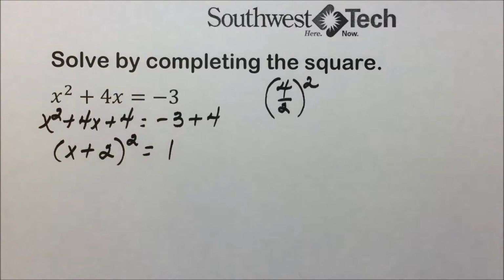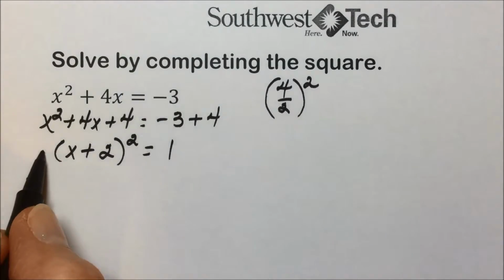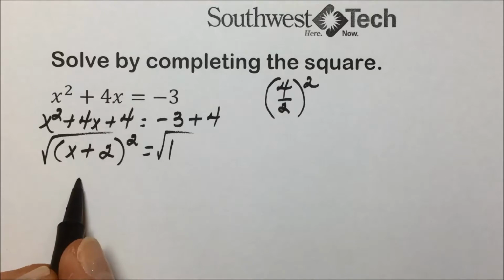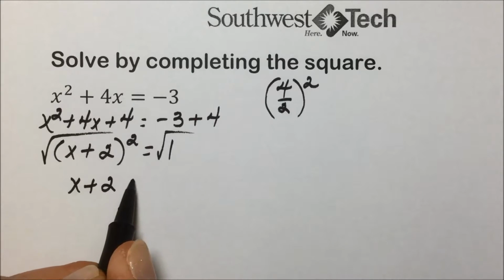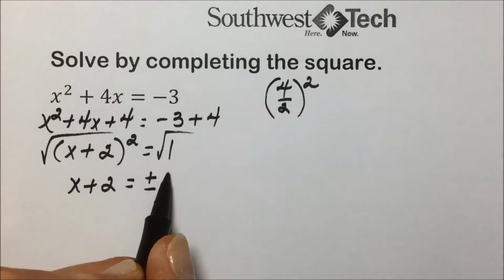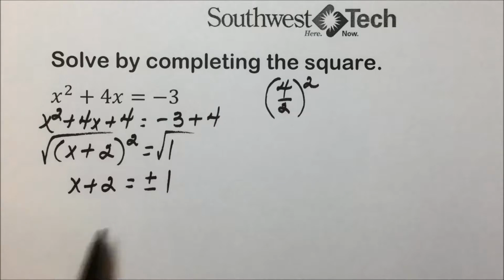We're now ready to take the square root of each side using our principles of square roots. Square root of something squared is that something, and the square root of 1 will not only be positive 1, but it also can be negative 1.